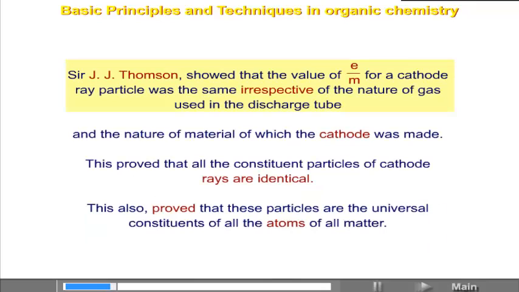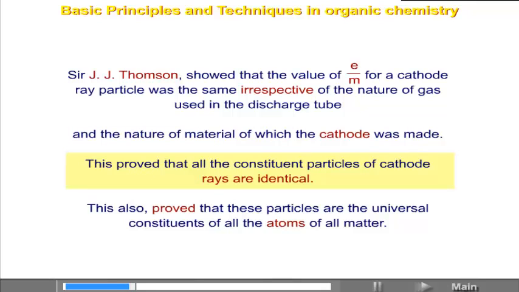Sir J. J. Thomson showed that the value of e/m for a cathode ray particle was the same irrespective of the nature of gas used in the discharge tube and the nature of material of which the cathode was made.